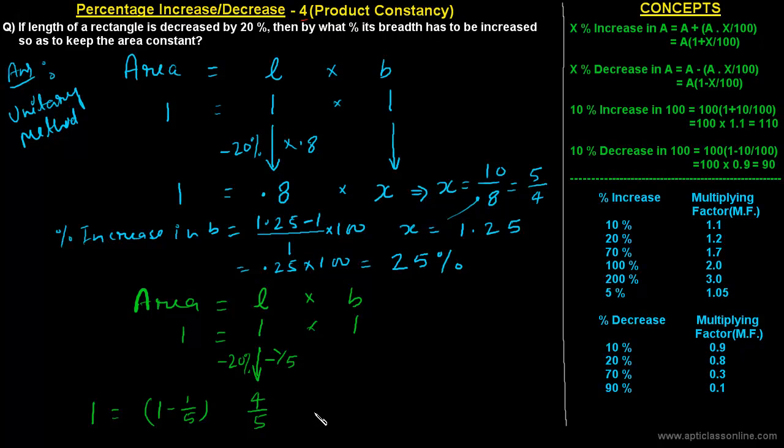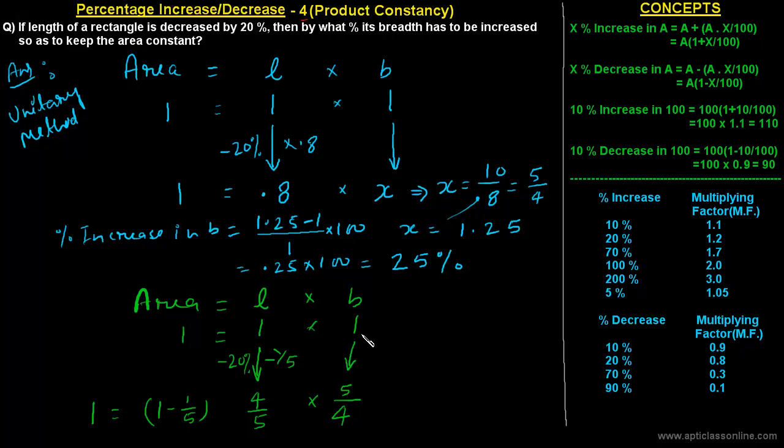So what should be the value of b, so that if you multiply that value with 4 by 5, we should get 1? That's very easy. It must be 5 by 4, because if you multiply 5 by 4 into 4 by 5, then only we will get 1, which is the new area that is equal to the previous area. So the breadth, which was initially 1, has become 5 by 4, or here we have seen 1.25. That is the same thing basically.